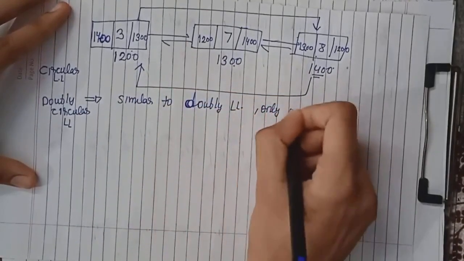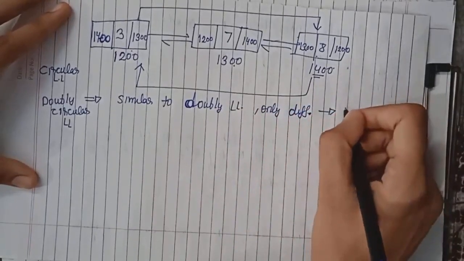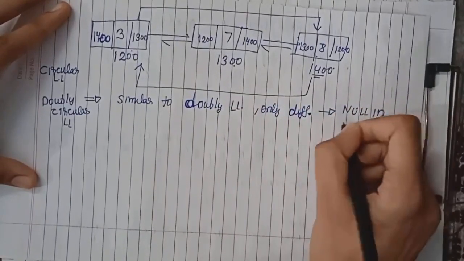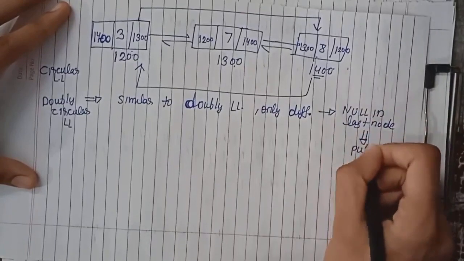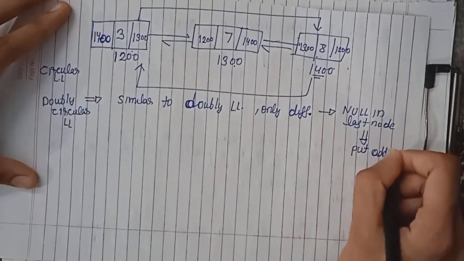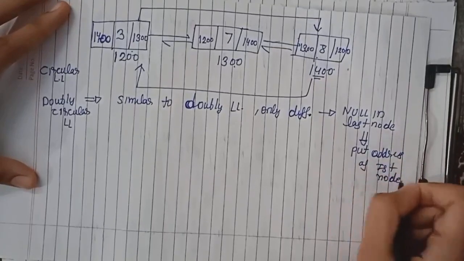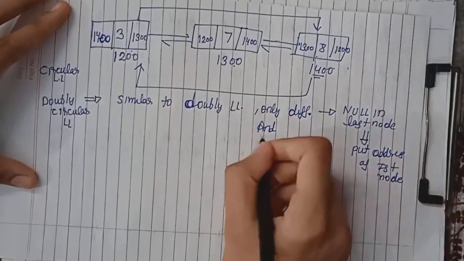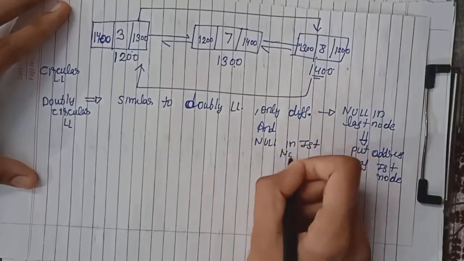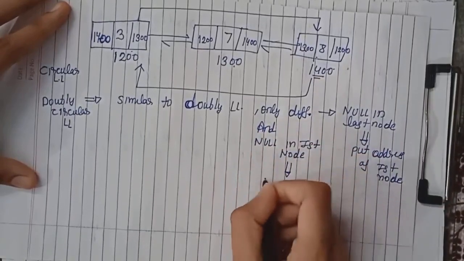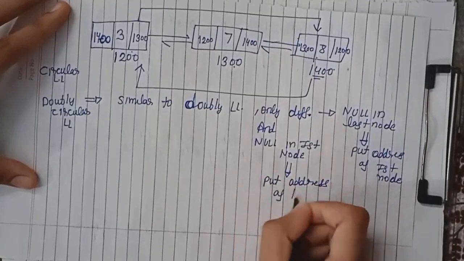The only difference is that in place of null in the last node, you will put the address of the first node, and in place of null in the first node, you will put the address of the last node.